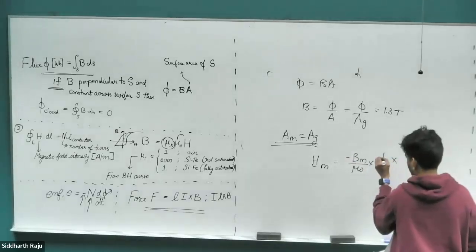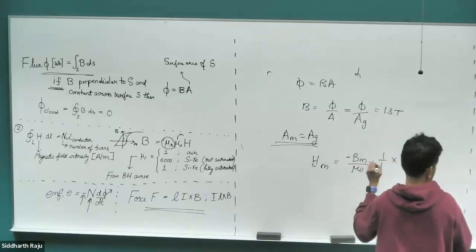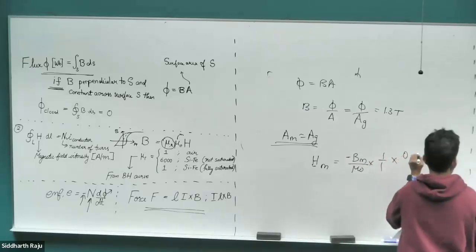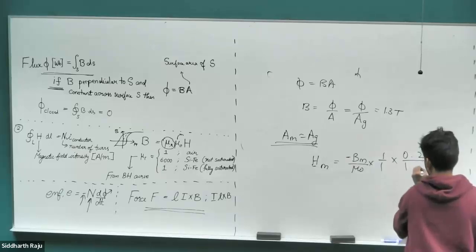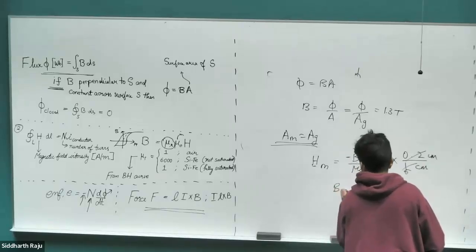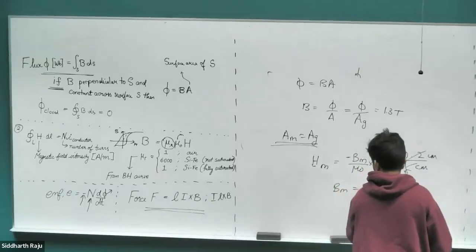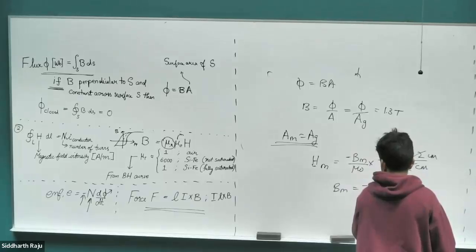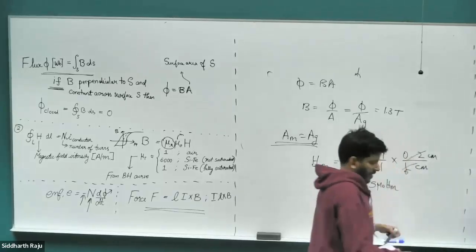So LG is 0.2 centimeter divided by LM of 1 centimeter, so that becomes a factor of 5. So our VM is going to be negative 5 times mu naught times HM.